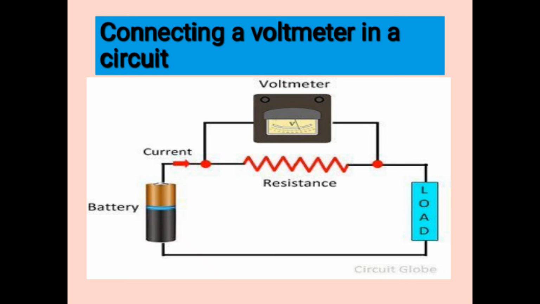Parallel, in this context, we may just look at it as being opposite to an electrical component. They are not in the same wire. As we're able to see, there are two junctions there. So a voltmeter is always connected in parallel to the electrical component whose voltage you want to measure. Very important to take note of that.